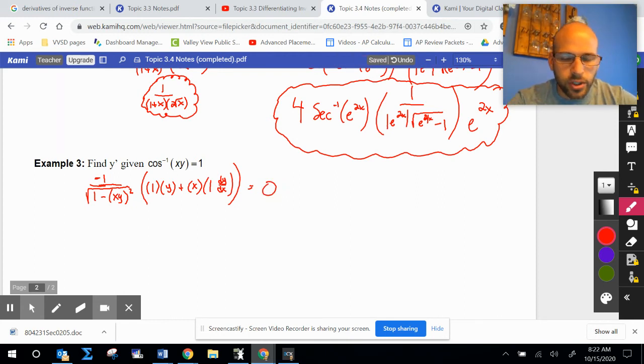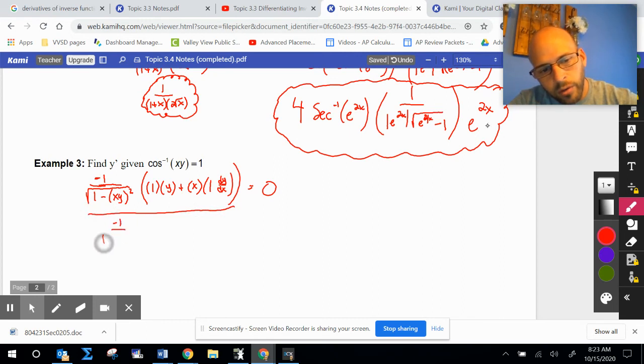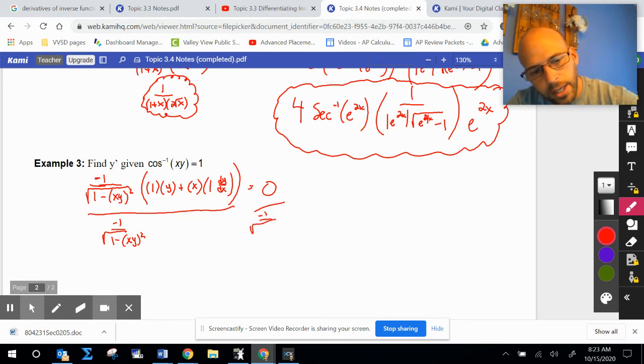So now I want to try to solve this for dy dx. So I'm going to begin by multiplying, or I can multiply or divide both sides by this fraction, but when I do that, so like if I divide negative 1 over the square root of 1 minus xy squared from both sides, it's not really going to make a big difference, because 0 divided by anything is still 0, even if it's a variable.